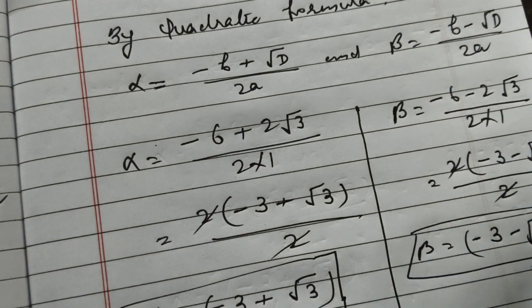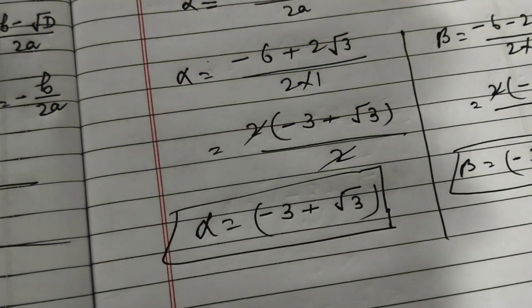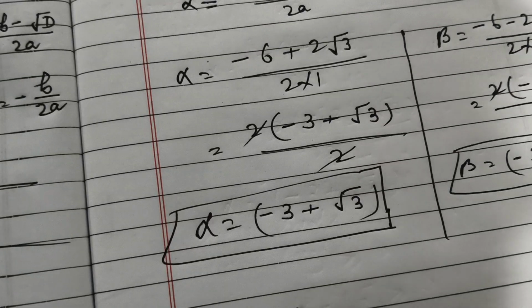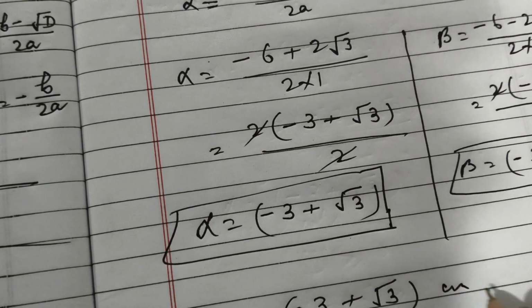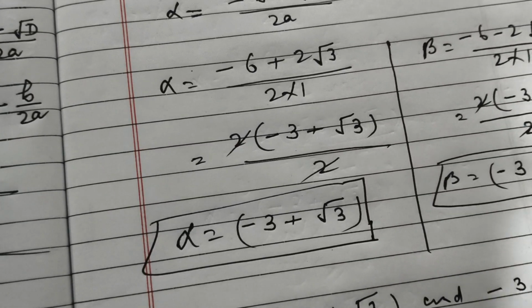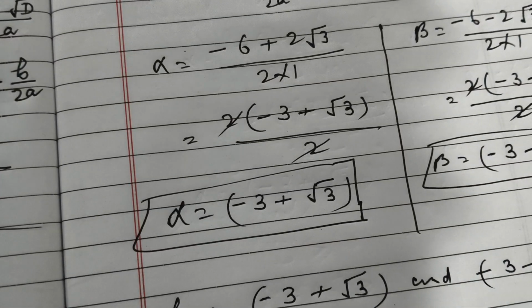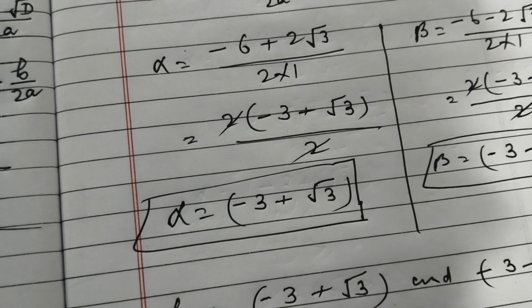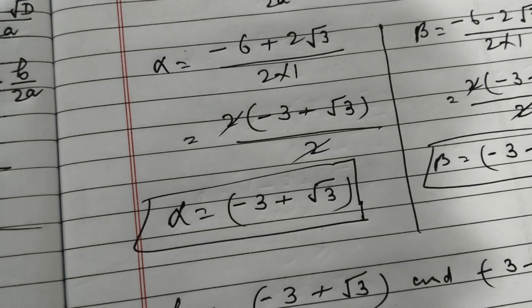So alpha and beta are the roots of the given quadratic equation. Hence minus 3 plus root 3 and minus 3 minus root 3 are the roots of given quadratic equation.